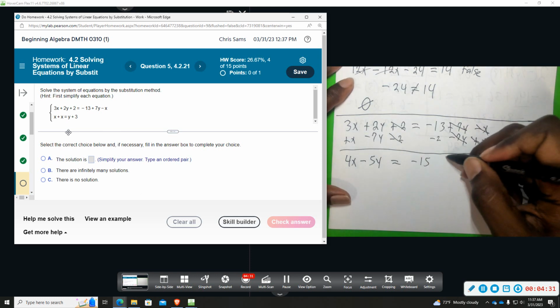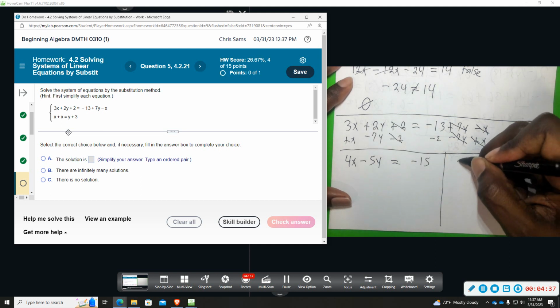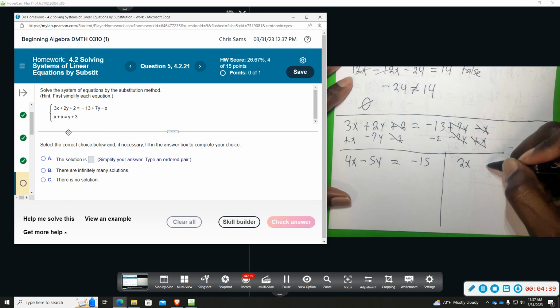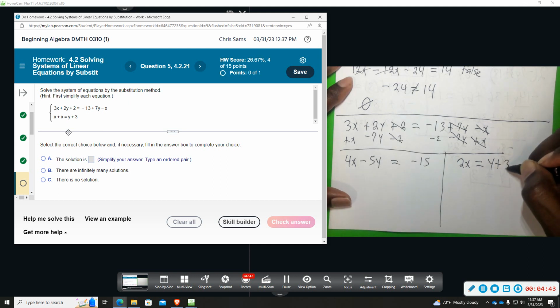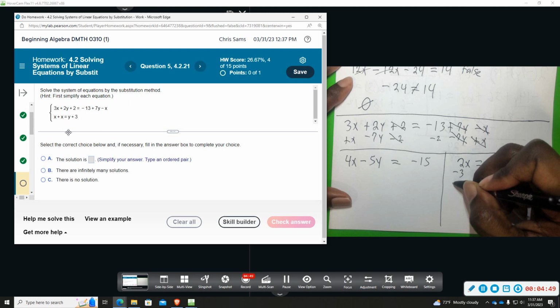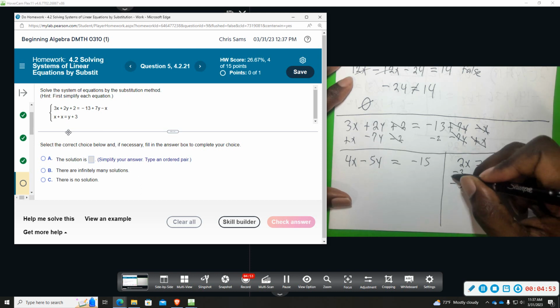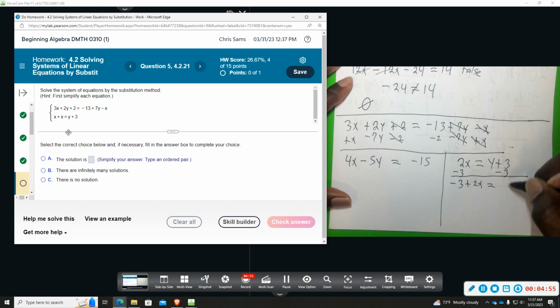Okay, so my other equation, I had x plus x, 2x, equals y plus 3. Since y is by itself, I'm just going to subtract the 3 and get rid of that. That's going to give me negative 3 plus 2x equals y.